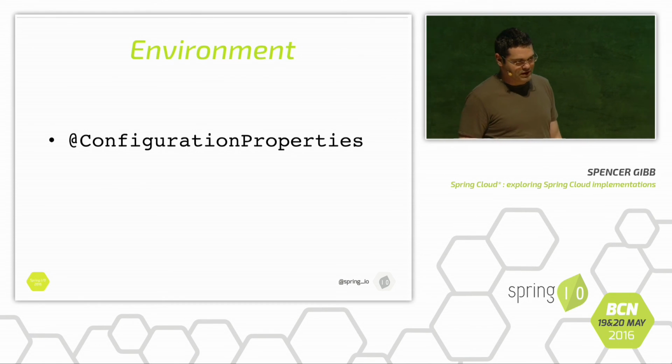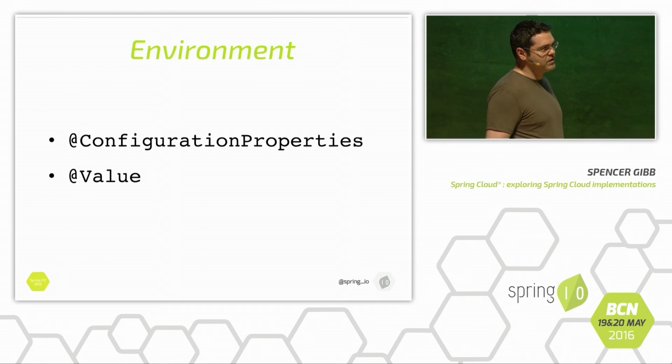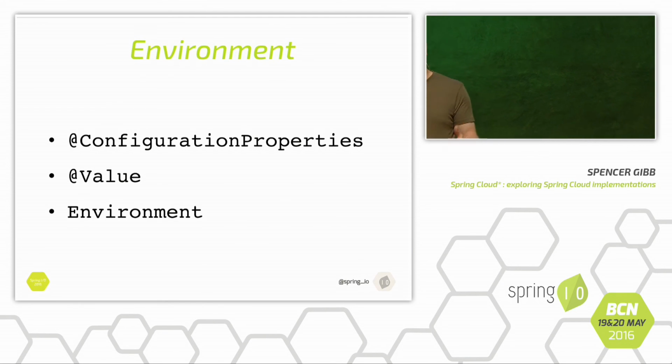It's a standard Spring Boot thing. @Value, I believe Josh showed you that, right? Spring core annotation, where you can plug in a Spring expression and get a value out. Or there's the actual Environment interface that you can just inject into your application. My recommendation is to stick with configuration properties for most of those things, and I'll tell you why in a little bit. But not only do you get the type safety, there's validation that comes with it, like Hibernate Validator and a few other things that are nice about configuration properties.